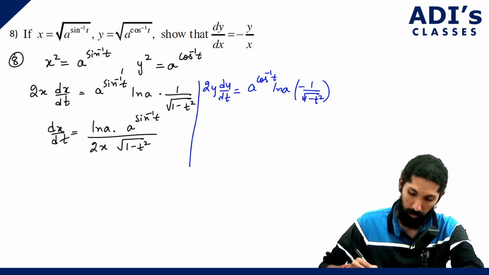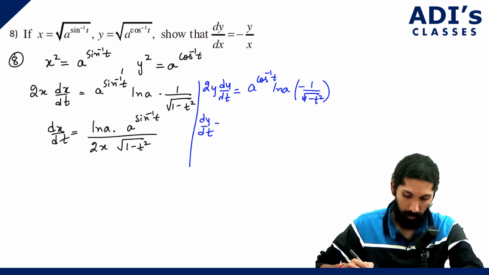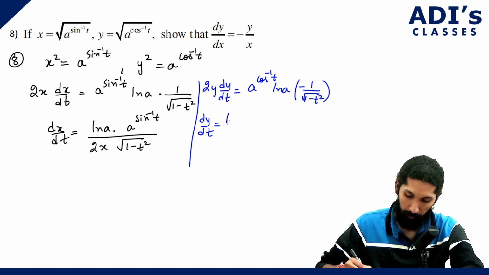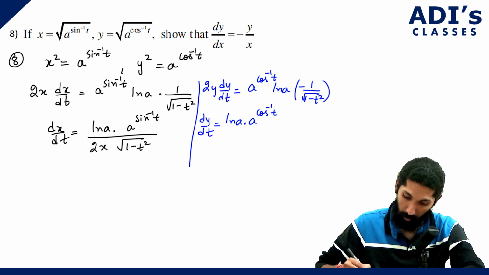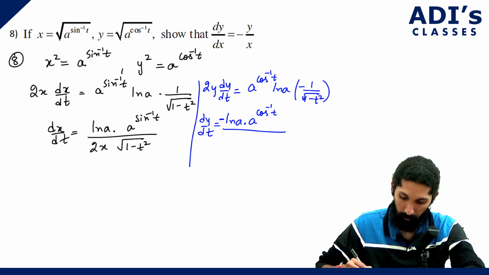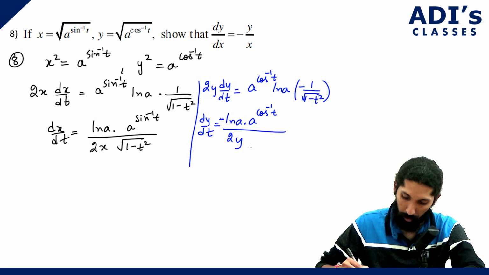So, now dy by dt is equal to log of a into a power cos inverse t, correct? This divided by, with a negative sign, 2y root 1 minus t square.